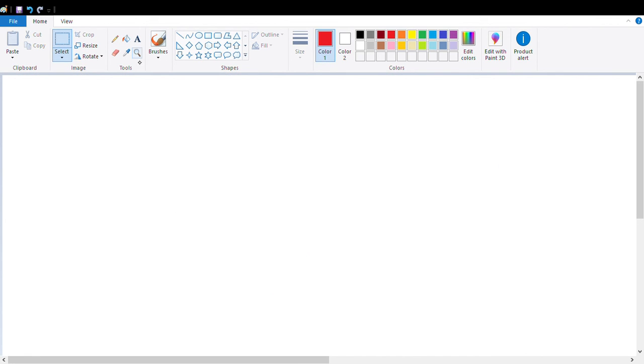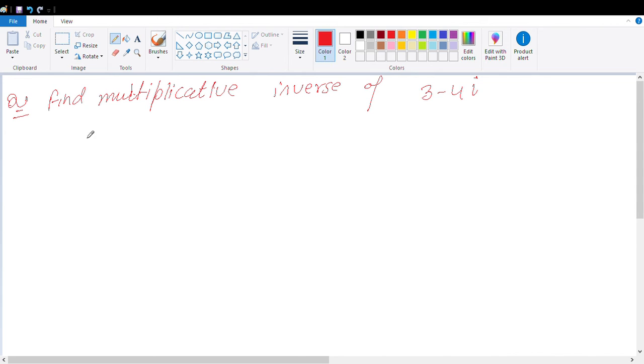Suppose the question is: find multiplicative inverse of 3 minus 4i. So suppose this is equal to z.